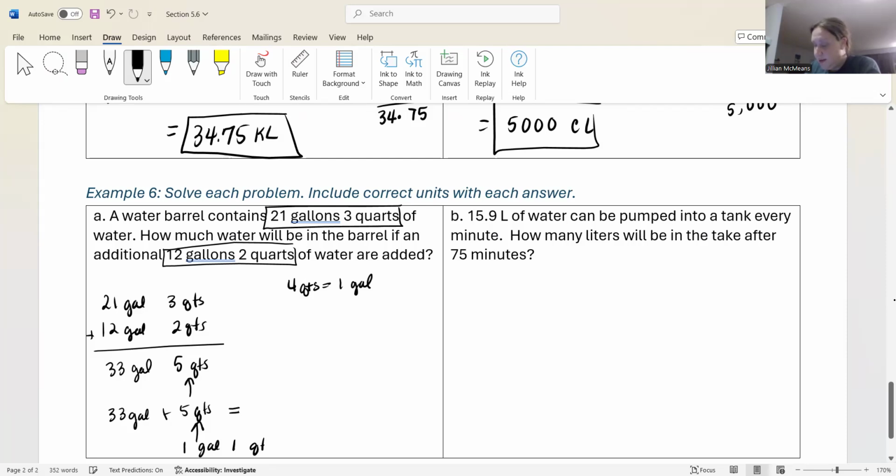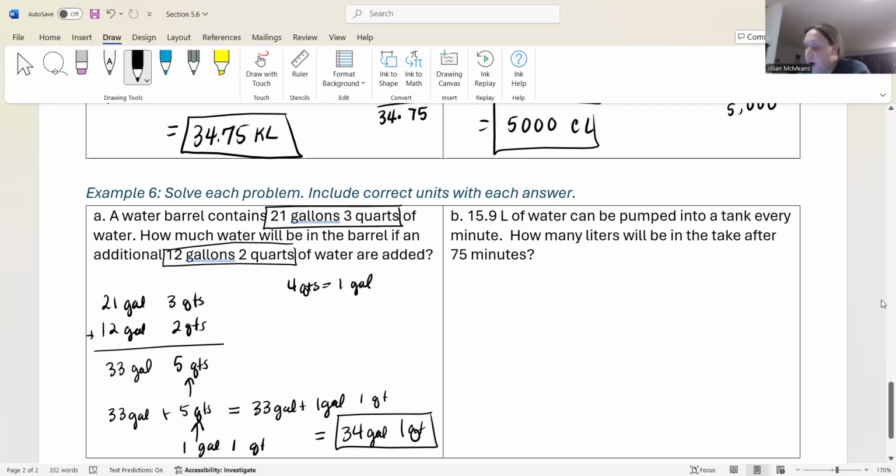So we're going to then say we have 33 gallons plus 1 gallon, 1 quart, which tells me at the end of the day, I have 34 gallons and 1 quart of water. There you have it. So just make sure when you do addition of these mixed units that the smaller unit isn't more than one of the bigger unit. If so, you need to do a little work. That was kind of like when we added mixed numbers and the fraction was improper and we had to fix it. Sort of the same idea here.